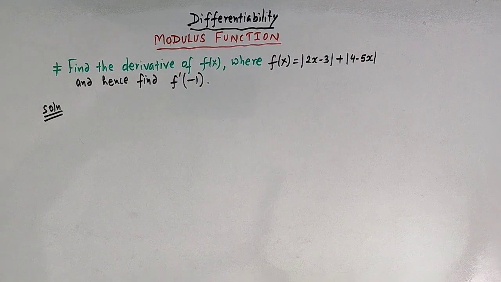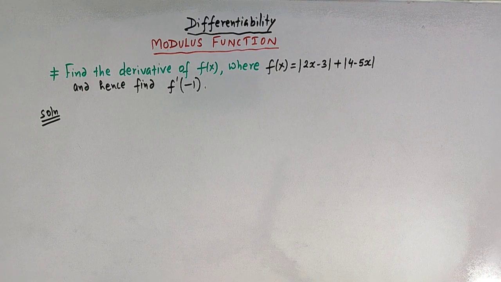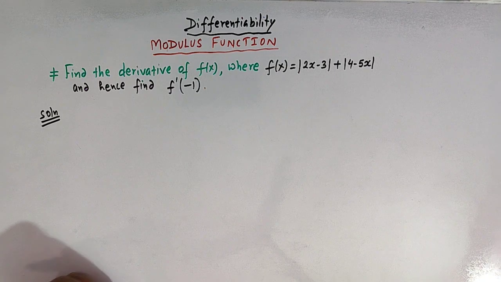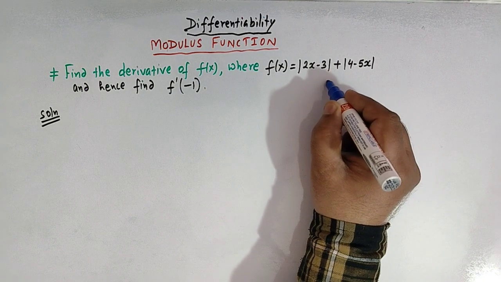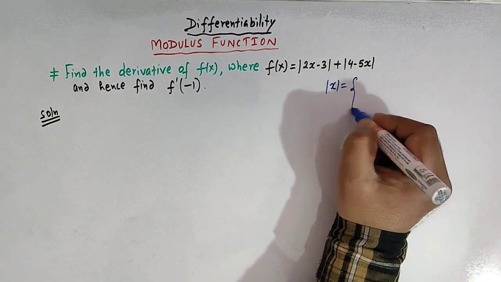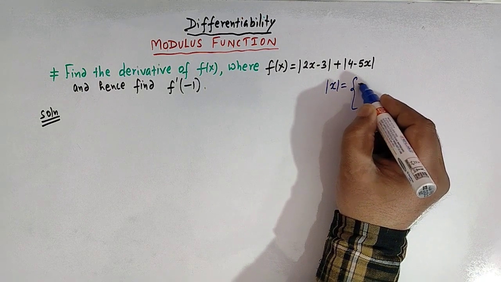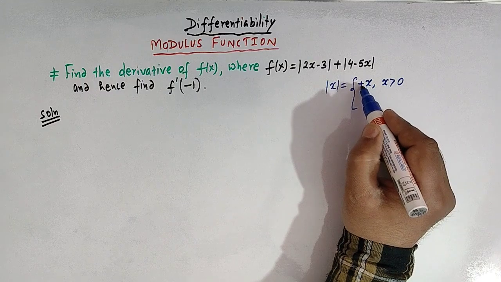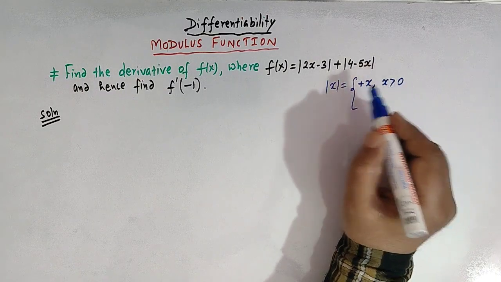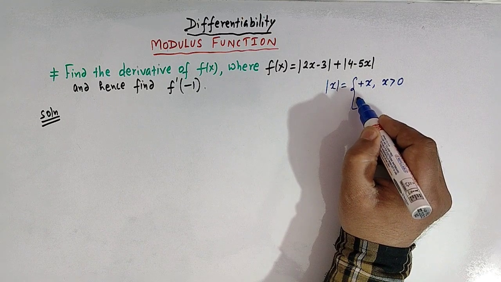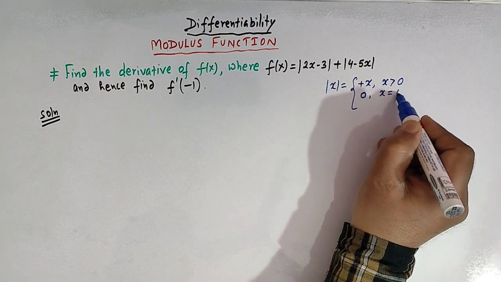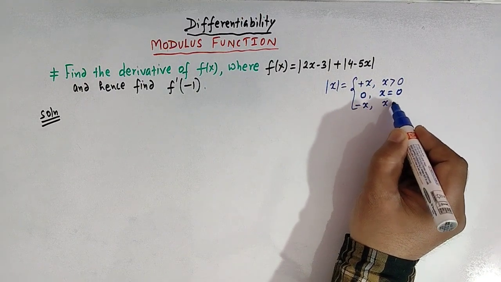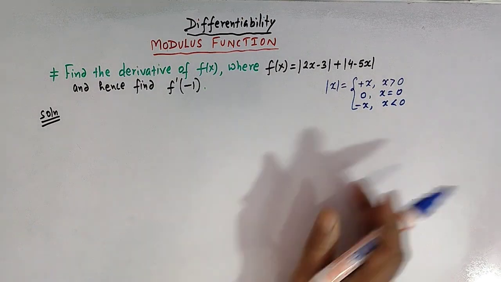So let us start. Before moving further, let us quickly revise the definition of the mod function. We know that |x| = x whenever x is greater than 0, so mod x takes a positive value when x > 0. |x| = 0 whenever x = 0, and |x| = -x whenever x < 0.